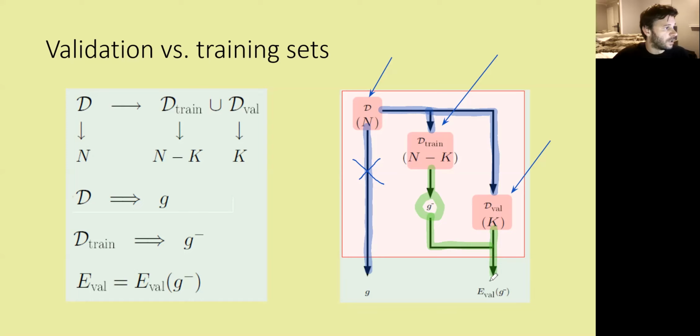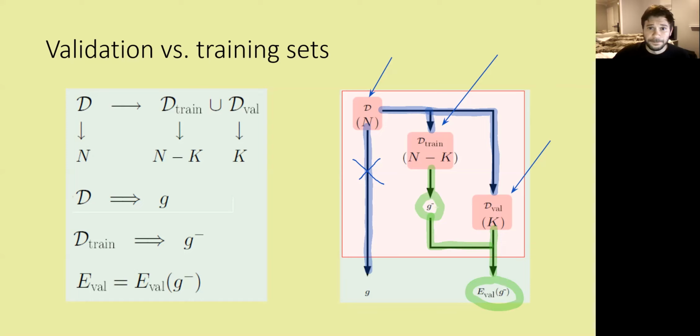That will give us a measure of our out of sample error that's a little bit more honest than testing the model on the exact same set of data you used to train it. So that is the process of validation.